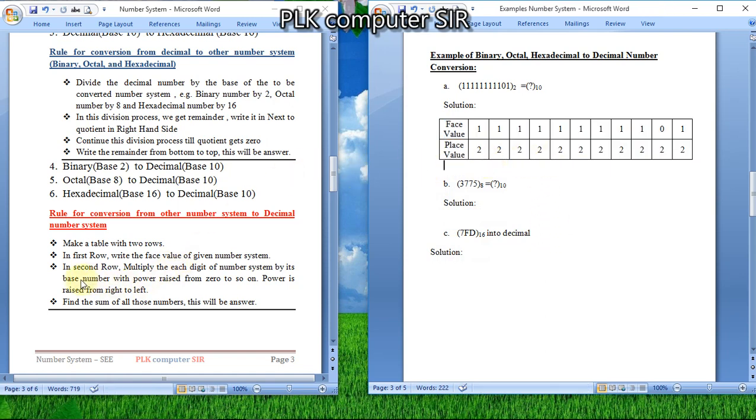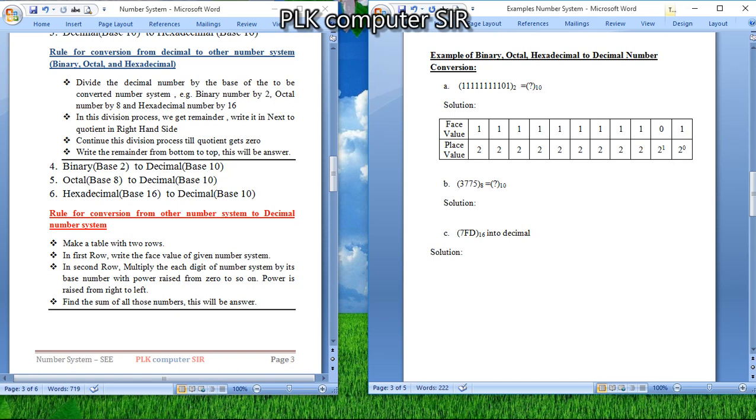So multiply by its base, with the power raised from 0 and so on, up to the number of digits. The power is raised from right to left, so this is the right hand side. Control shift plus for superscript 0. Its power will be, after 0, 1.